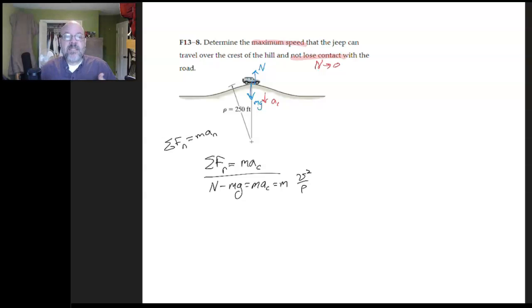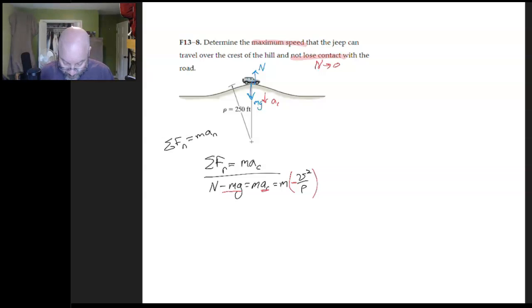So when we set it up in our equation algebraically, we need to make sure that those are compatible. We've got a negative mg here, so this needs to be a negative term. So a_c is negative v squared over rho. That way everything aligns properly.